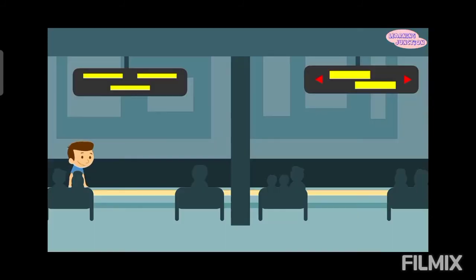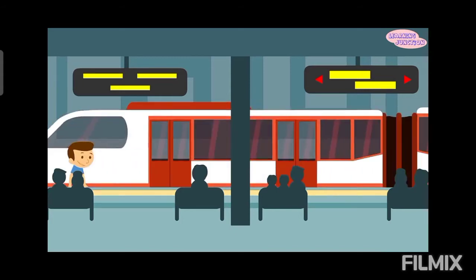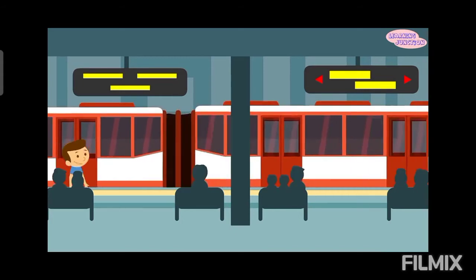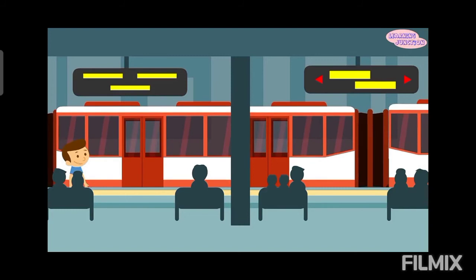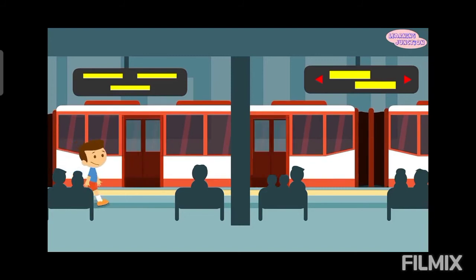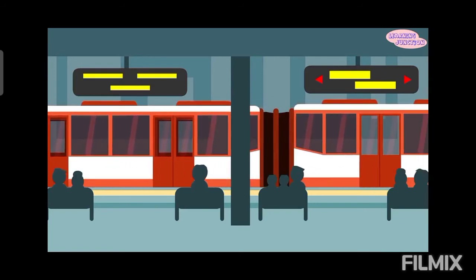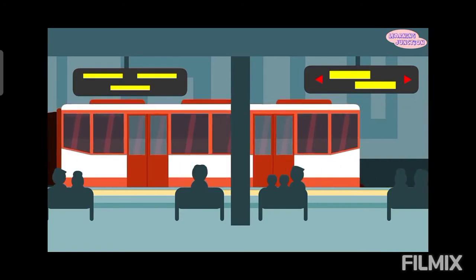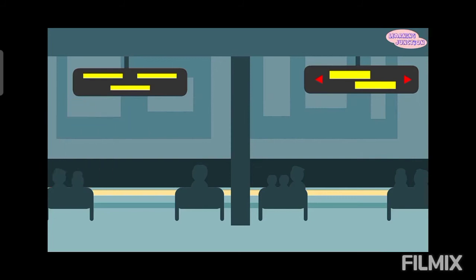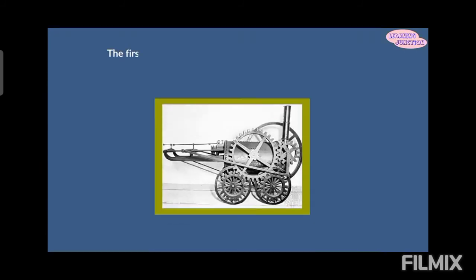Then for traveling long distances, what type of transportation do we use on land? Yes, it is the train. We can see that electric trains like the metro have also been developed. So we can use trains for long distance traveling. That is also a vehicle included in land transportation, the first mode of transportation.